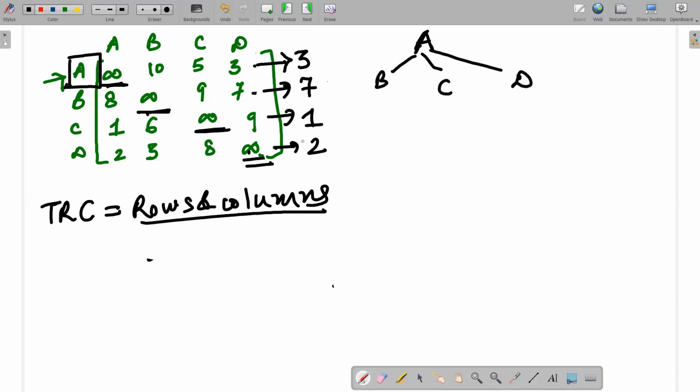So the row reduction value turns out to be 3 plus 7, 10, plus 1, 11, plus 2, 13. So the total reduction value is 13.